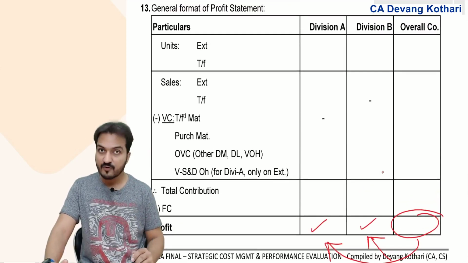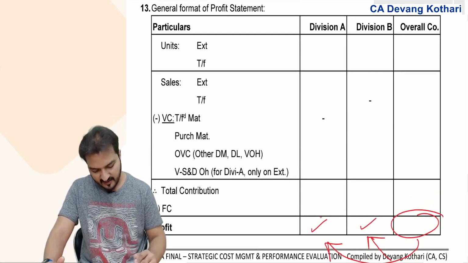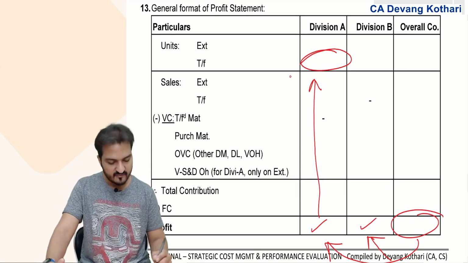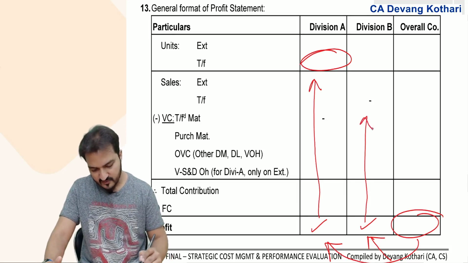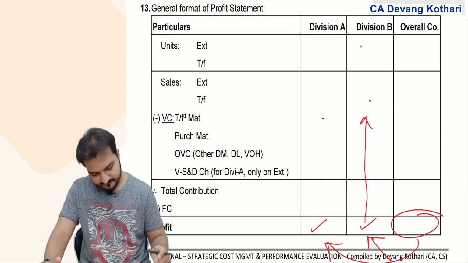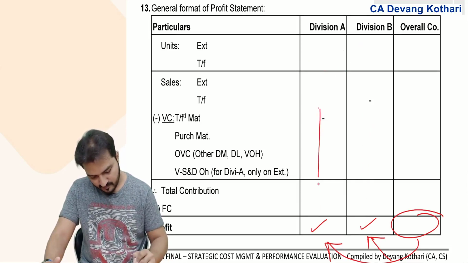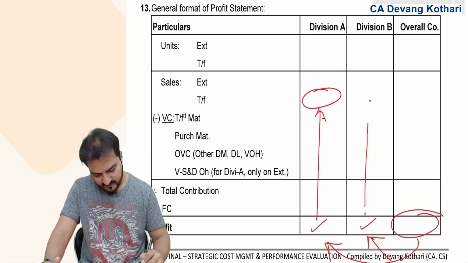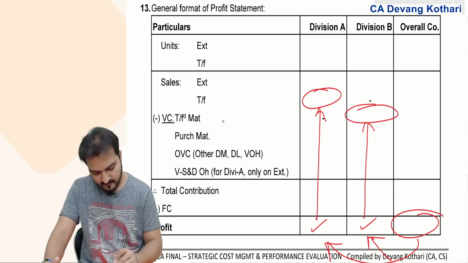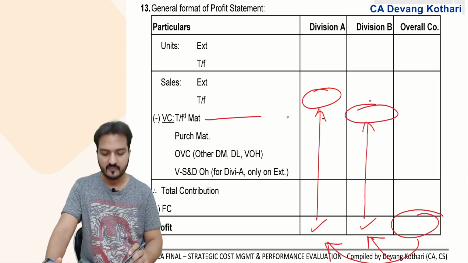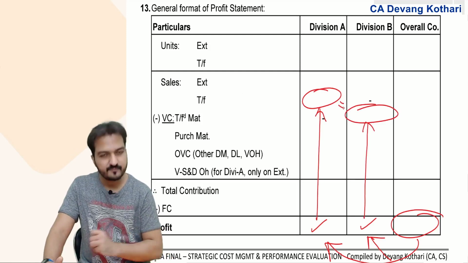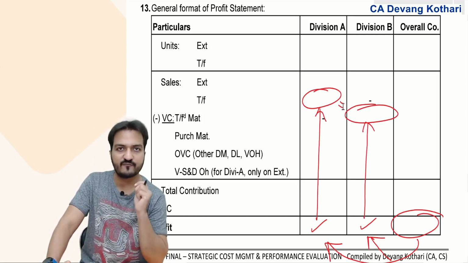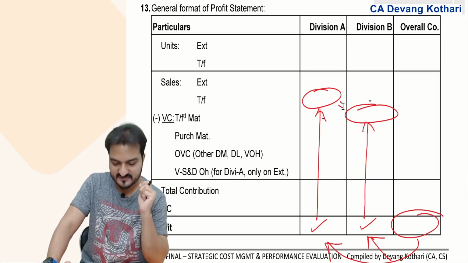Now that you have divisional profit in A and B, from divisional profit in A you go reverse working and find the transfer sales. From divisional profit in B, you do reverse working and find the cost of transferred material. And both these values should come equal. This was called the reverse cost. This was called the shared profit method. Done? Yes. Okay.